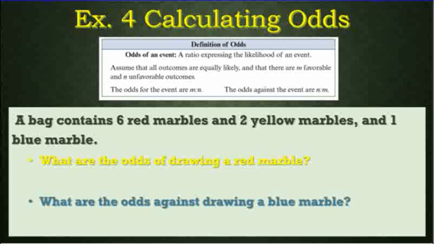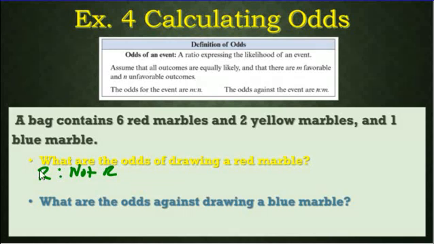And calculating odds. Odds, remember, is the expression of the likelihood of an event. So odds of something happening versus odds of something not happening. So you got to make sure you're careful on what they're asking for the odds are. So here, what are the odds of drawing a red? So really they're asking red versus not red.